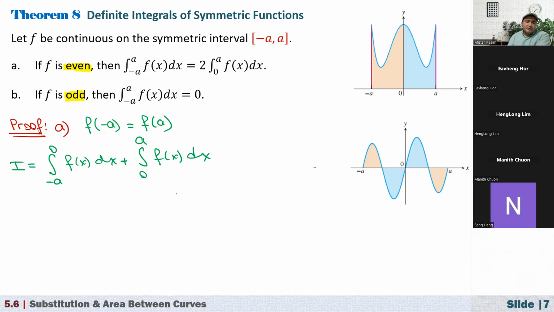Now the first part, we will see that it's equal to the same thing from 0 to a. I'm going to use the substitution method. Let me label this first part I1. So what is I1?